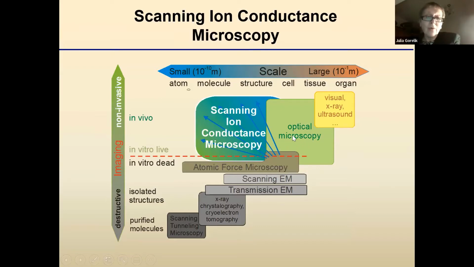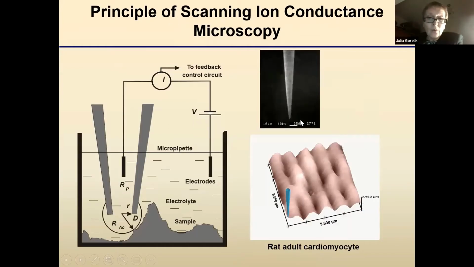And of course, now we use not only scanning ion conductance microscopy, but also a lot of different combinations. So we use a glass micropipette as a sensitive probe, and we scan live objects.